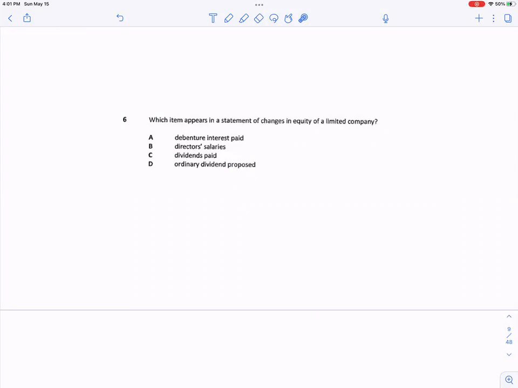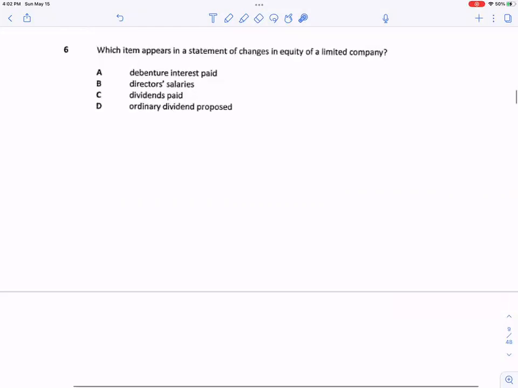Balance at start, plus profit for the year, minus transfer to general reserve, minus interim dividend, minus final dividend. Interim dividend is of which year? This current year. And final dividend of? Last year. Okay, come on, answer this question.